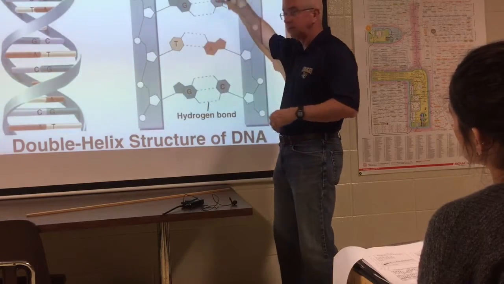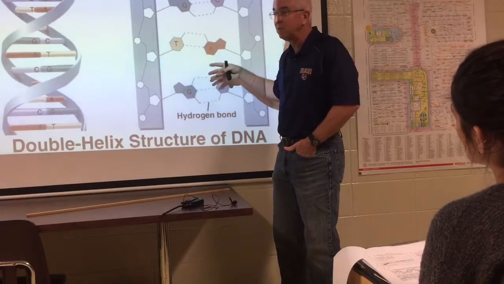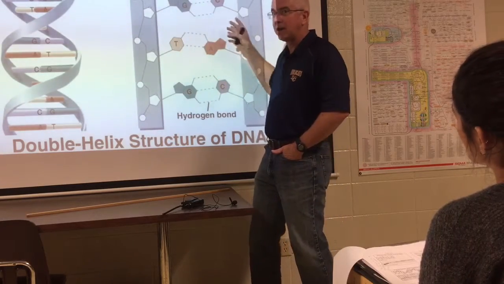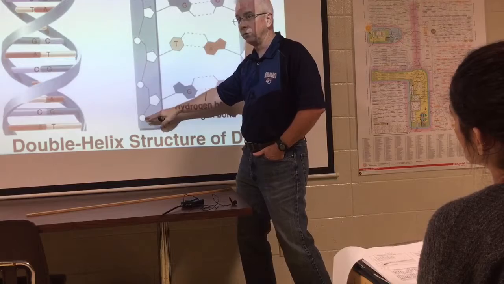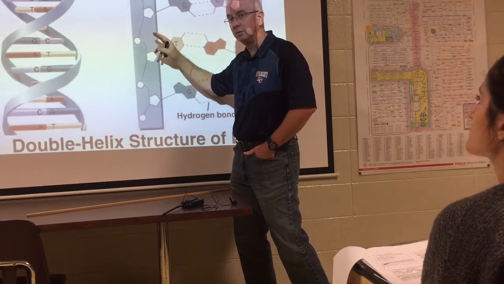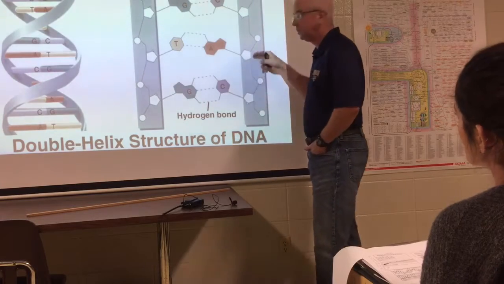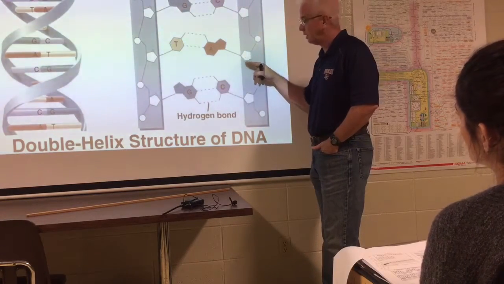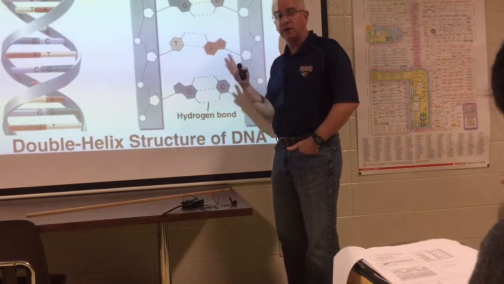So here is the base structure of DNA, which is very simple compared to proteins, right? The DNA is a ladder, a double helix, where the outside bars of the ladder are made up of repeating sugar phosphate groups. And the sugars here, deoxyribose in this case, is attached to one of 4 nitrogen-containing bases.